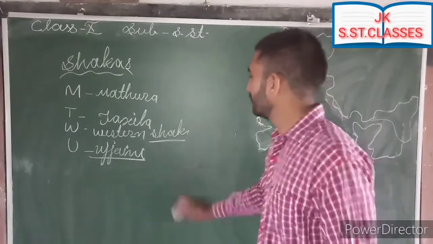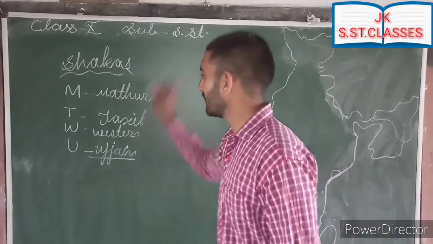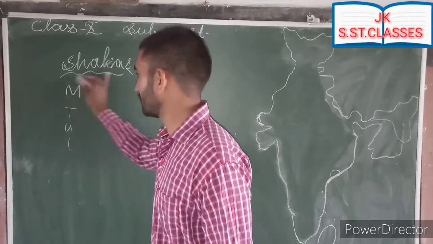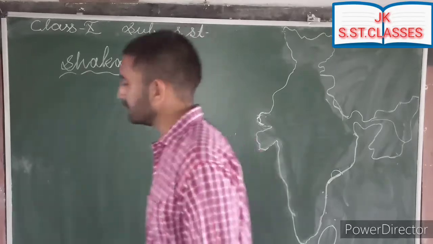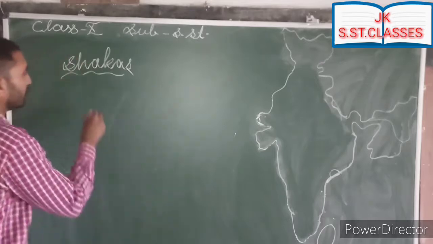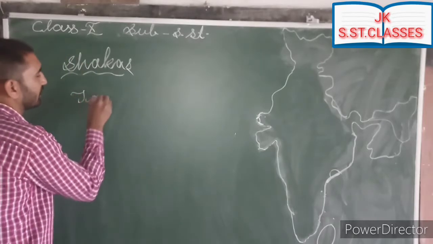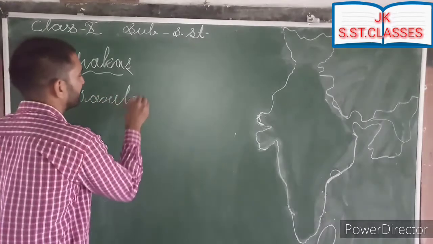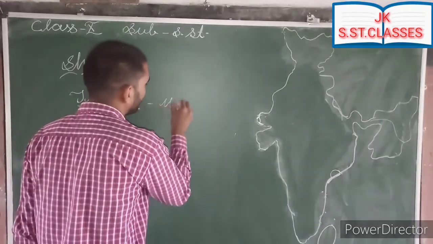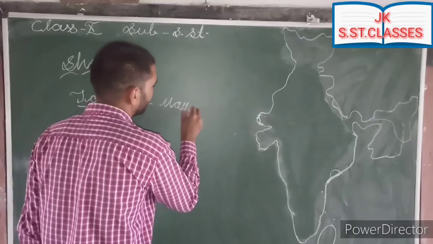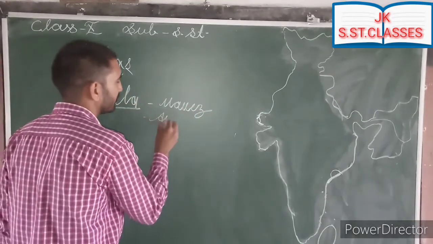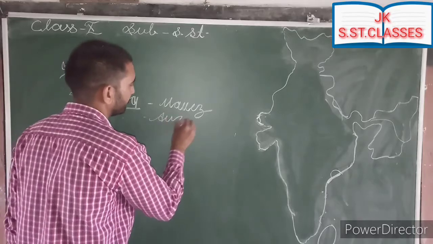So guys, the branch of the Shak tribe related with Takshila, or the Shak dynasty of Takshila, has 2 major rulers, which were Mavis and Ozes.